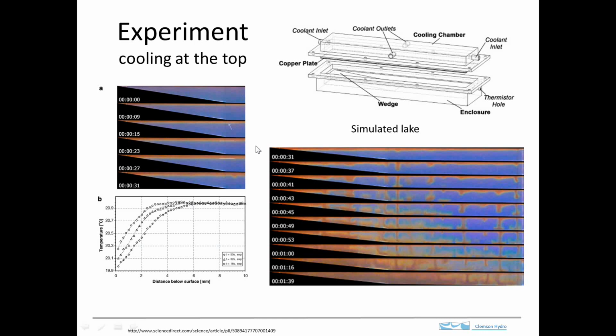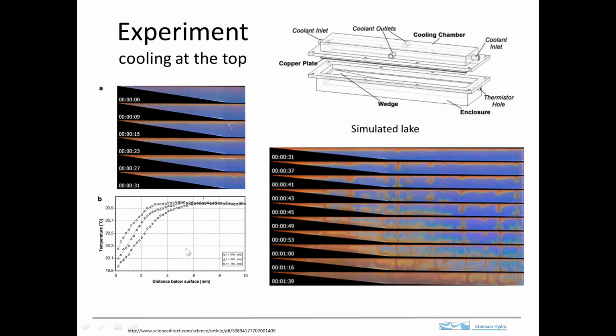So here's a picture of this experiment where the top of the lake, this upper surface, was cooled, and you can see the dark brown color that's formed by cooling this fluid. And at first what you get is just a fairly even layer that's formed, but then you can see that little perturbation right there.